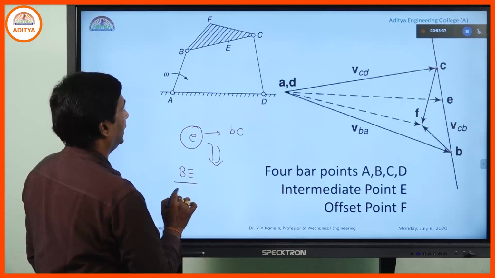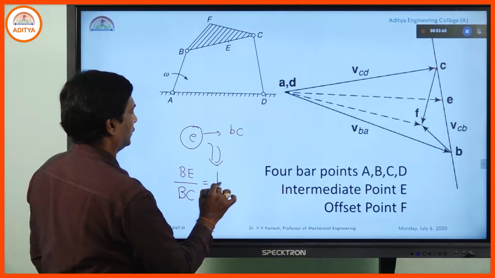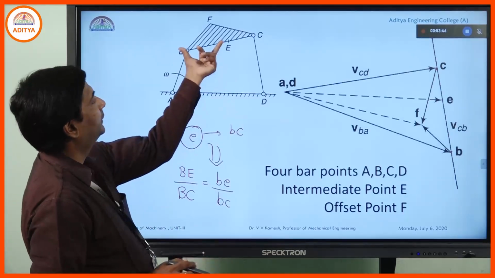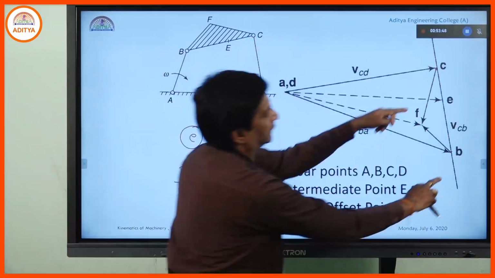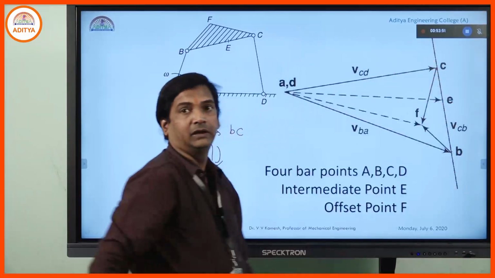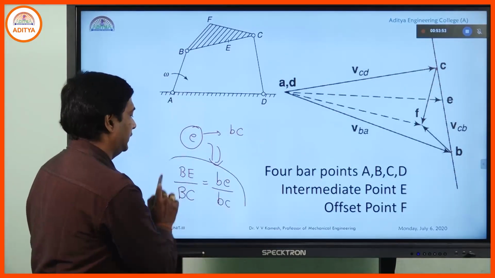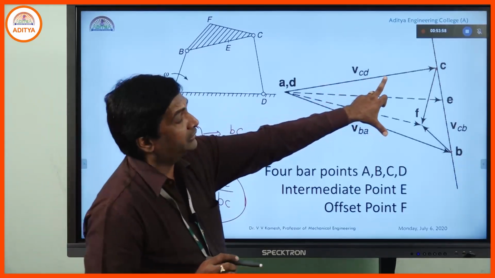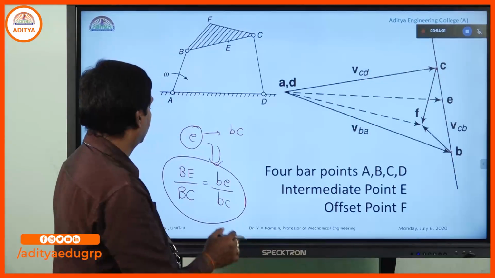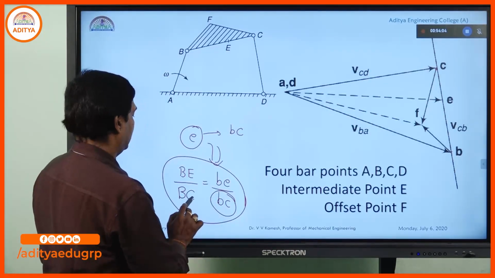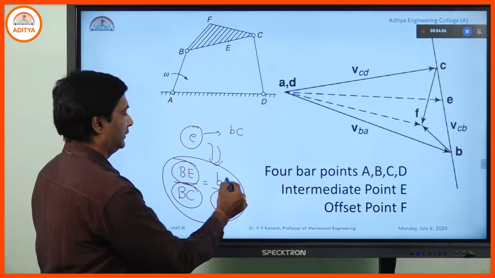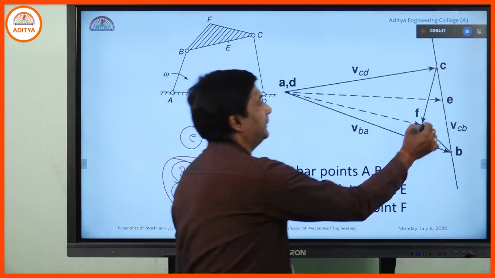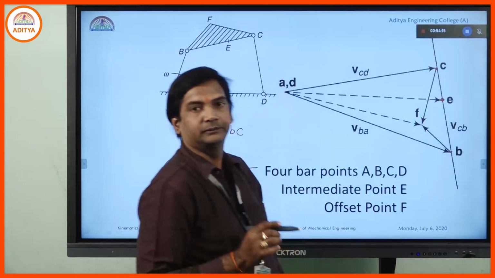Original parameters BE by BC should be equal to small be by bc. That means BE by BC. Like this, if you are having the calculated parameters, from that we need to calculate because already BC is identified and it is calculated. So, BC is calculated and this BC is given and this BE is given. So, this small be can be calculated directly and proportionately we can put the point E like this.